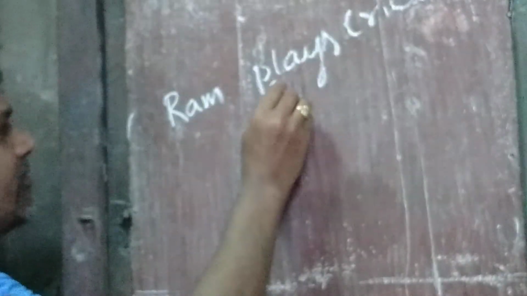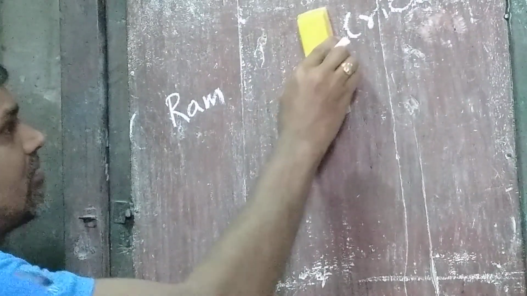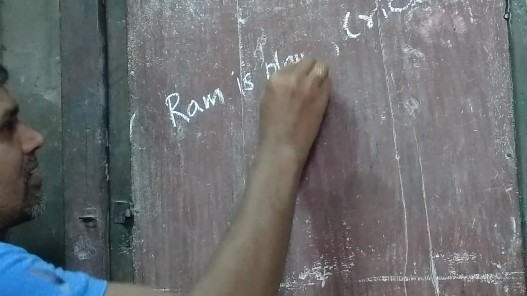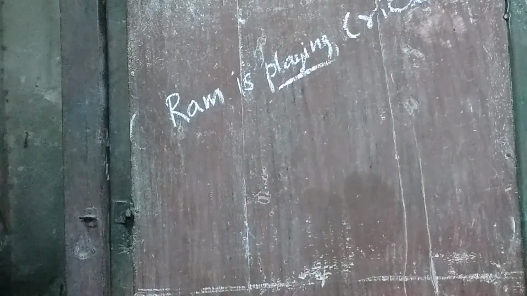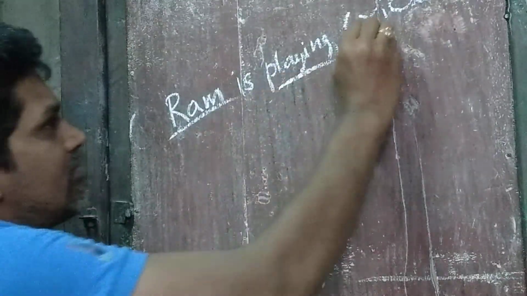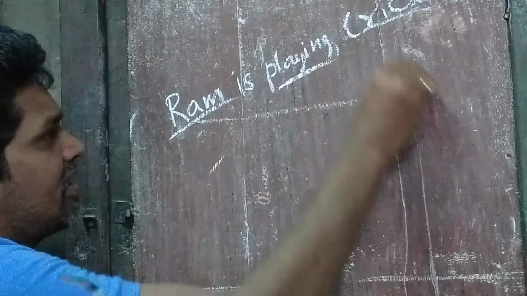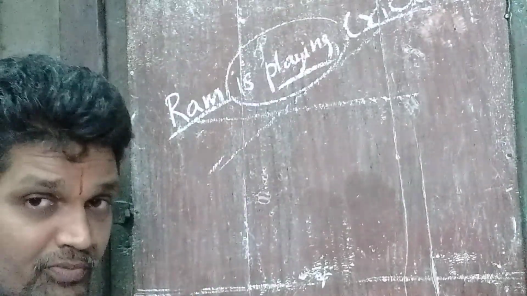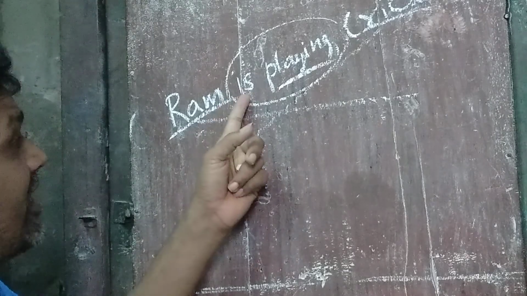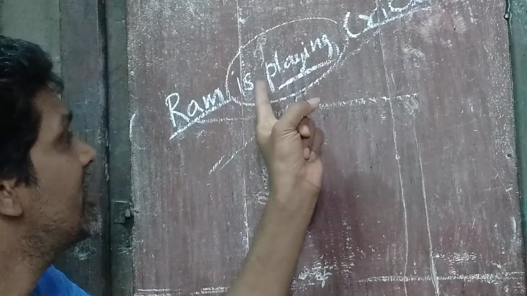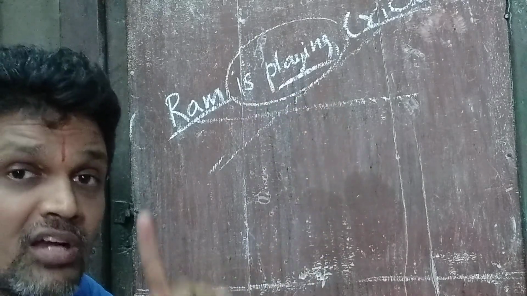And now the same, Ram is playing cricket. Here same, interchanging subject and object. Next comes to the verb. And the verb is in continuous tense.